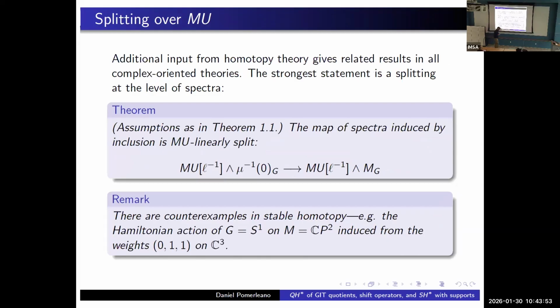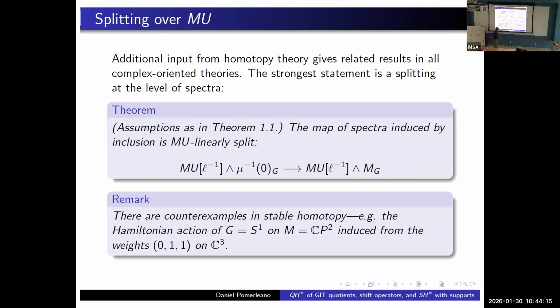But you can actually now do the same argument with other cohomology theories. There's a more general version of this that applies to any complex-oriented cohomology theory, and in particular MU.